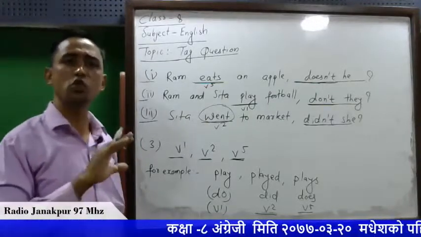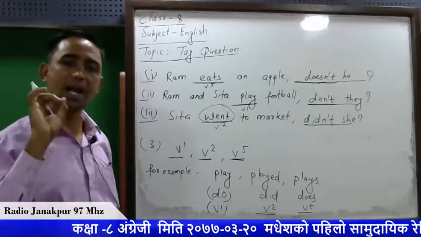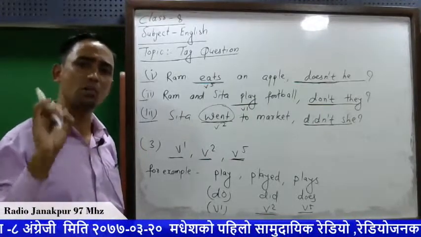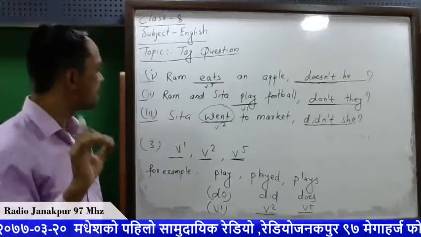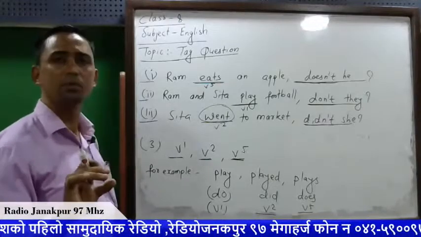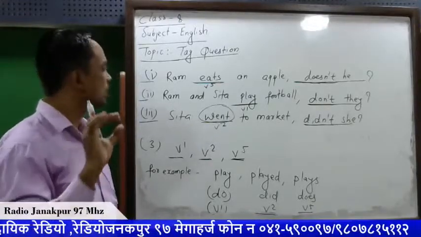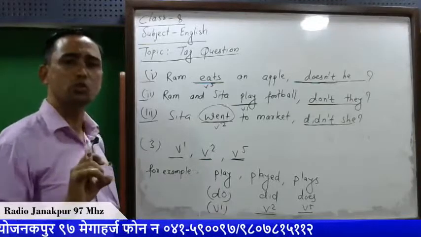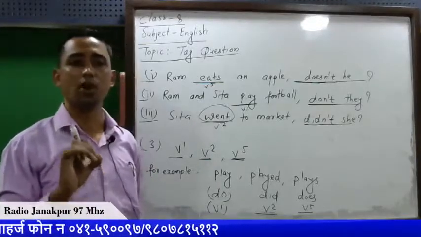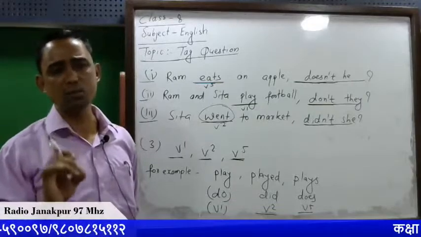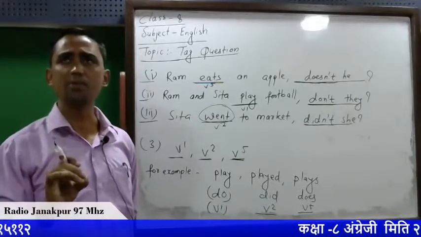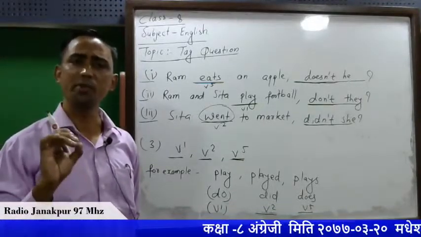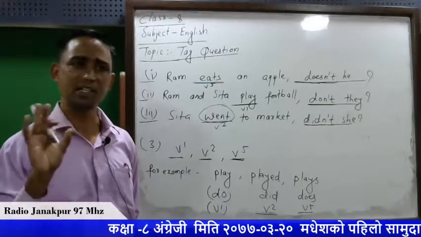But if there is no auxiliary verb, there must be either V1 or V2 or V5. If there is V1, then we have to take help of do verb. In the same way, if there is V2, then we have to take help of did verb, and in the same way, if there is V5, then we have to take help of does verb.